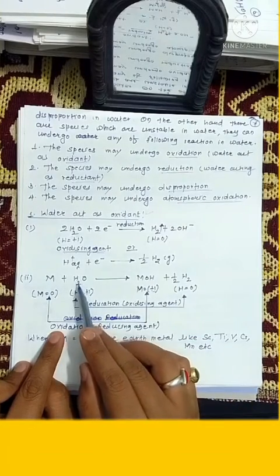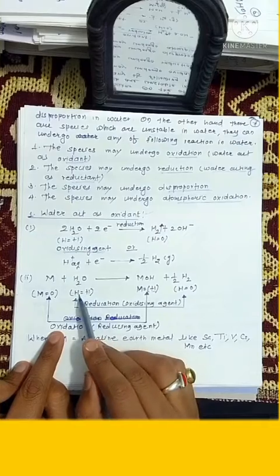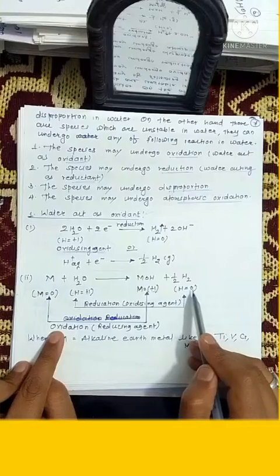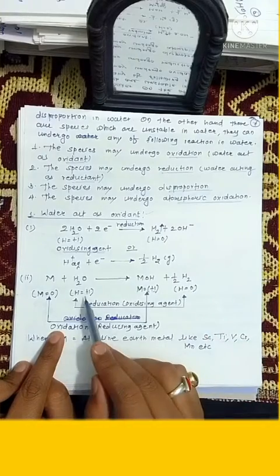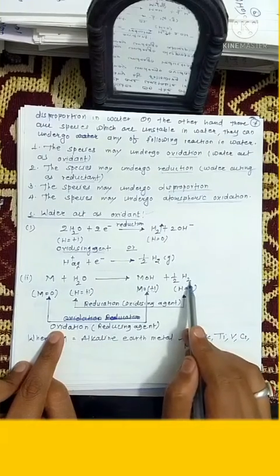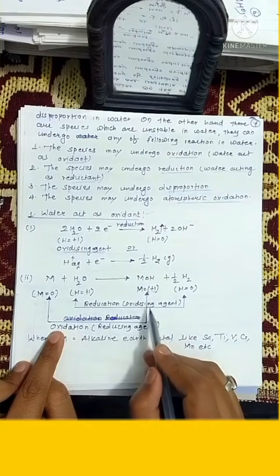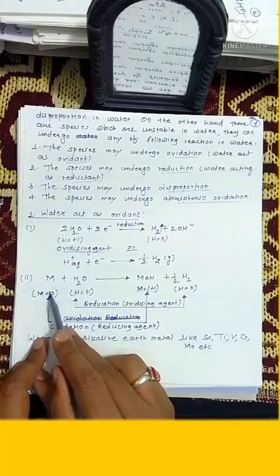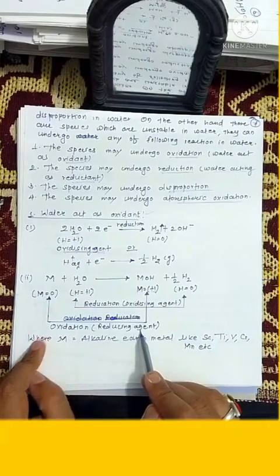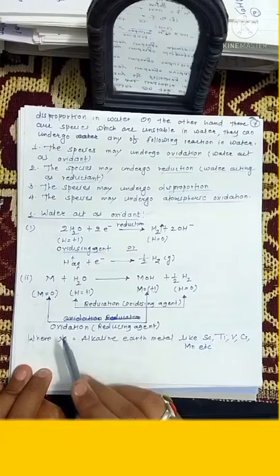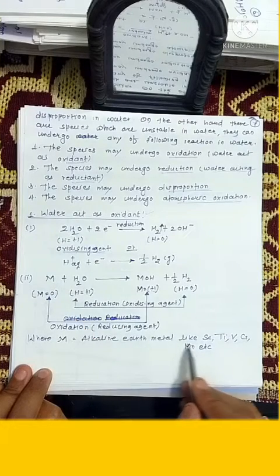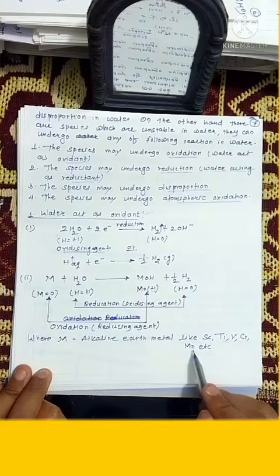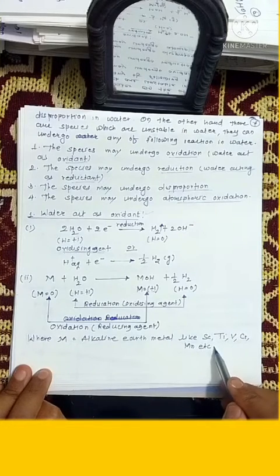While hydrogen has +1 oxidation state in water and 0 in the product, so that reaction is reduction. So in this case water acts as an oxidizing agent while the metal acts as a reducing agent, where M stands for metal like scandium, titanium, vanadium, chromium, manganese, etc.